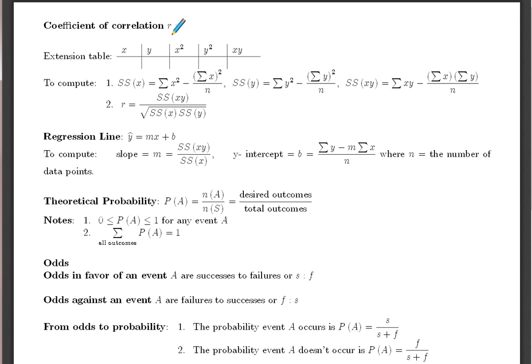For the coefficient of correlation, you need sum of squares of x, sum of squares of y, and the sum of squares of xy. In this problem, though, we're finding the slope and the y-intercept of the regression line, so we need the sum of squares of xy and the sum of squares of x.